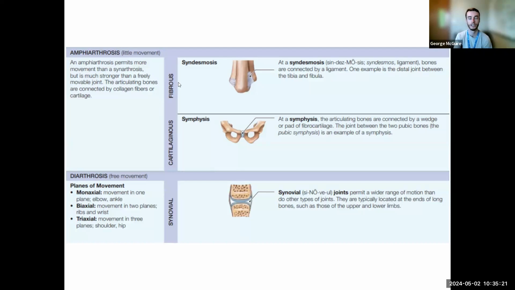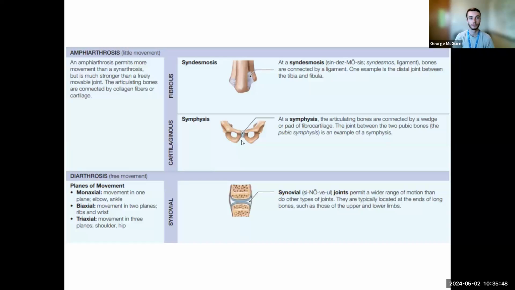And we just have two different structural categories or structural examples here. We have fibrous joints, these syndesmoses, such as the ligamentous connection between your tibia and fibula, right? Holding those bones together, but they don't really need to move very much around each other. We have a little bit of gliding motion. And then our cartilaginous amphiarthrosis joint at symphyses, like your pubic symphysis.